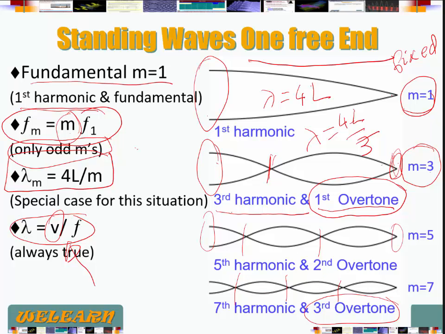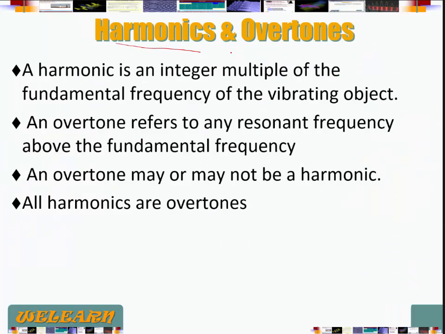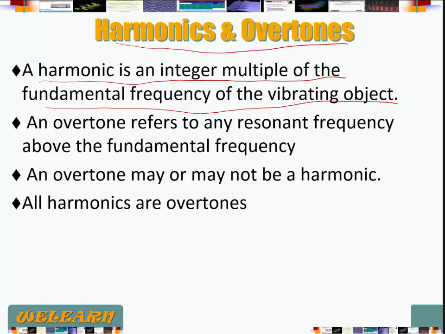Now we added a new term that we call the overtone. The overtone can be compared to the harmonic, but there are some differences. A harmonic is an integer multiple of the fundamental frequency of the vibrating object.